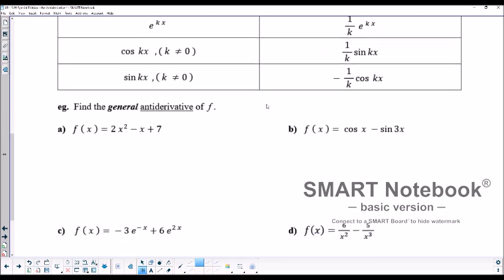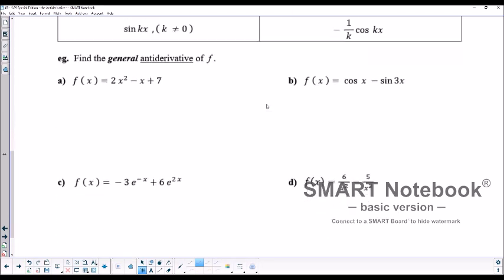All right, so let's take a look at a couple examples here. This is just a general overview. I just wanted to give you some exposure to antiderivatives, just so that you see how they work a little bit before moving on to any post-secondary work that you may do.